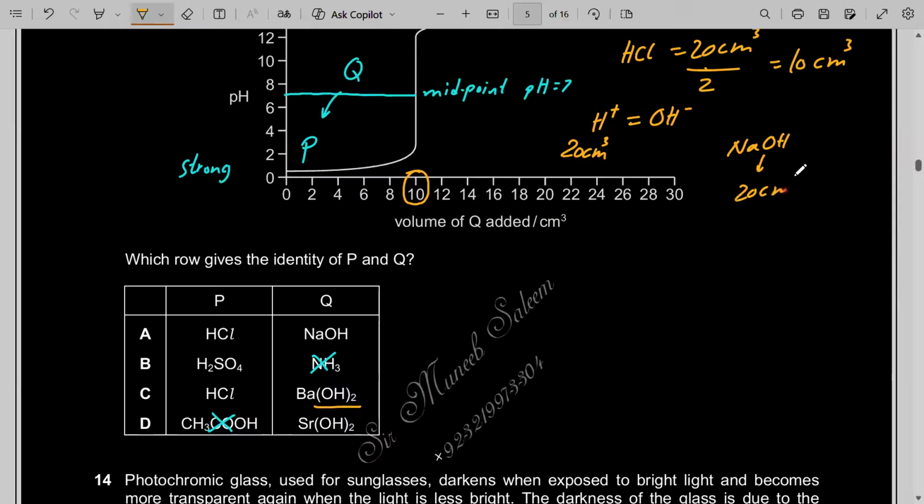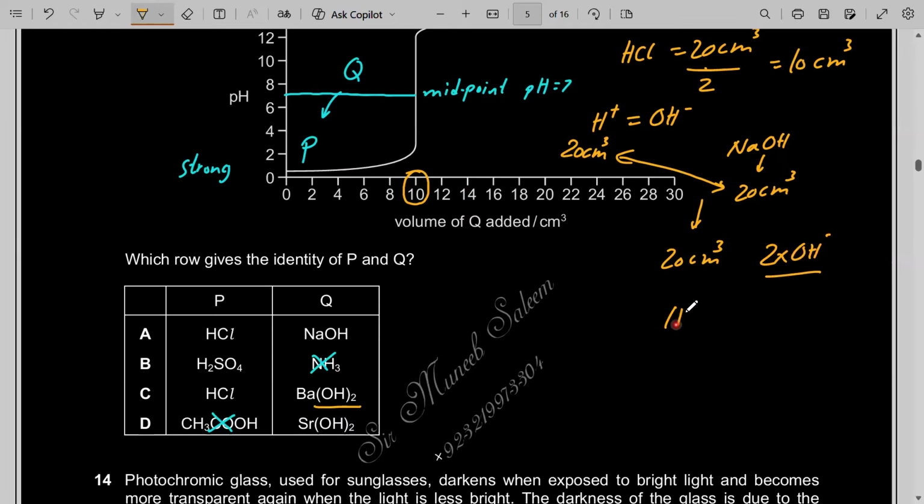Both will be 20 cm cube, and they would give you the equivalence point at 20 cm cube because both are equal in volume. But the equivalence point is 10 cm cube, which means there were actually 2 moles of the hydroxide ion present in the solution.